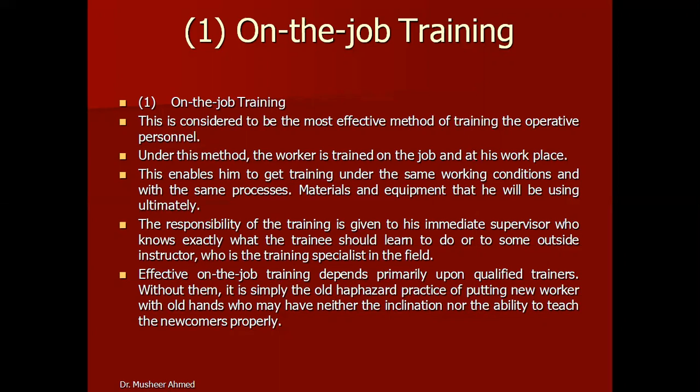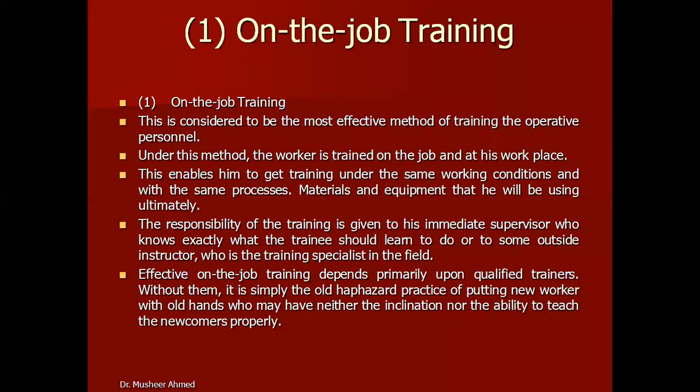Both of these things are possible. You will be trained on the job either by your own immediate supervisor, or an external expert is hired for this particular purpose of providing you with on the job training, right?